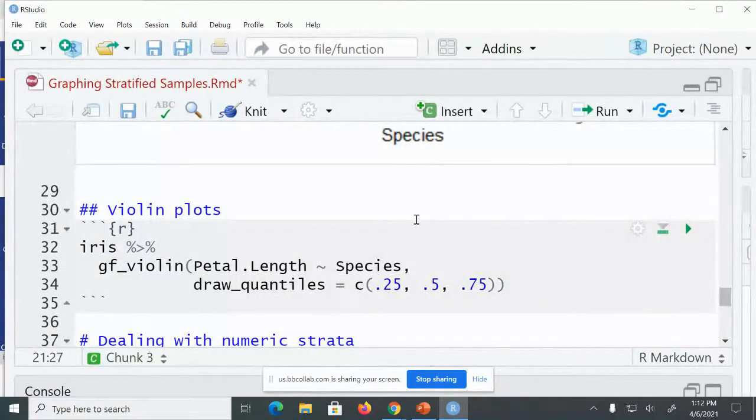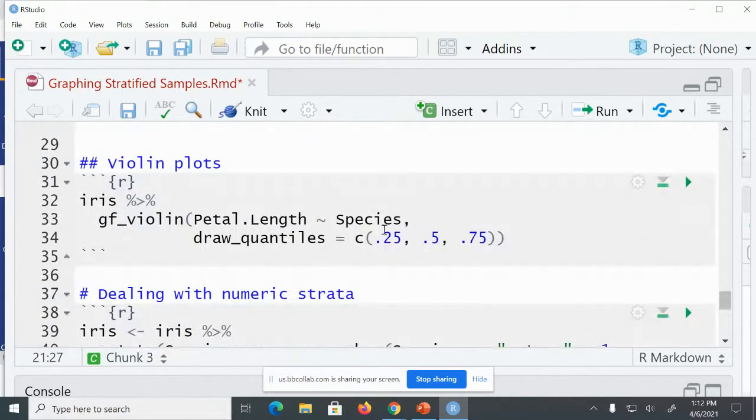All right. And the third type of graph is a violin plot. So that uses the function gf_violin. And then the formula is the same as for a box plot. So the y variable is quantitative, squiggle, the x variable is the grouping variable.